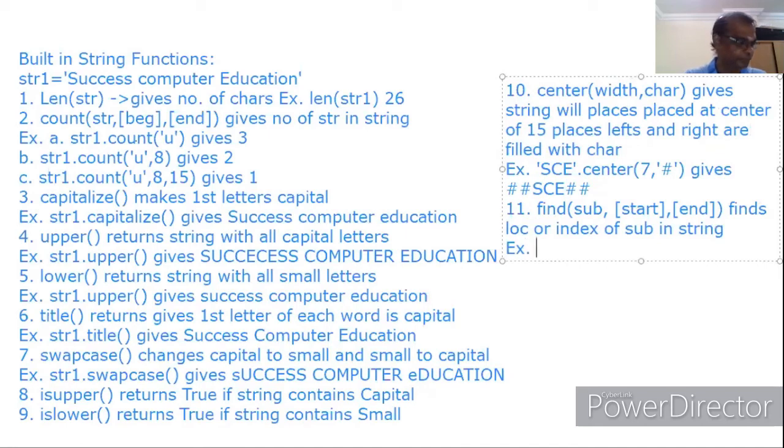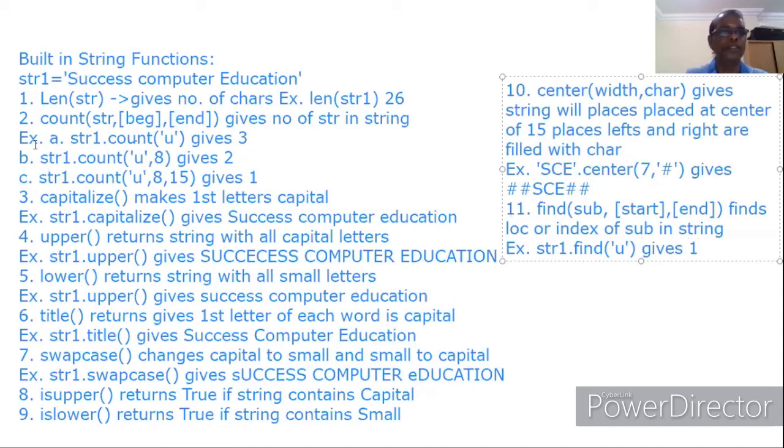Example, str1.find('u'). It tells where u is available here. 0, 1. It gives number 1.